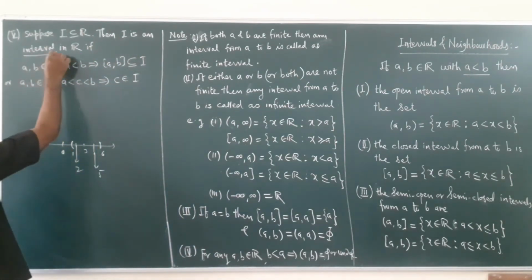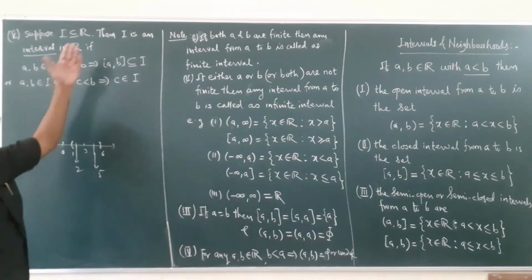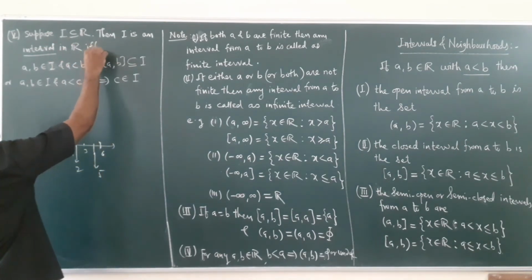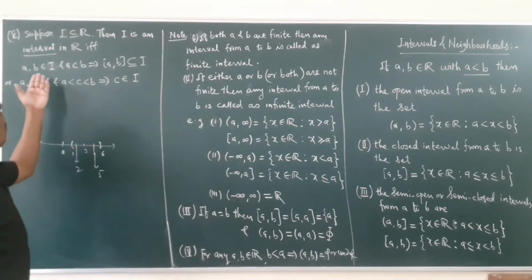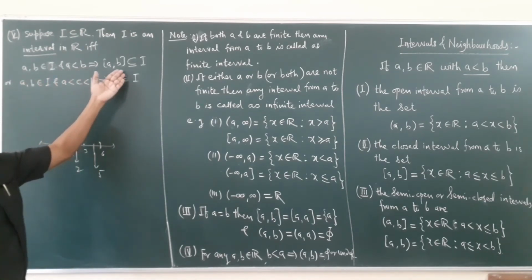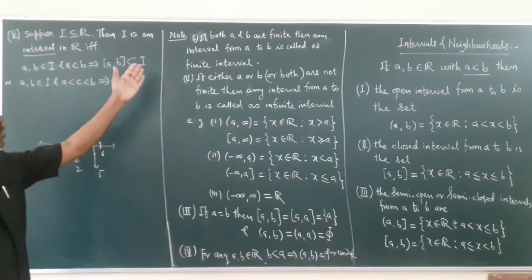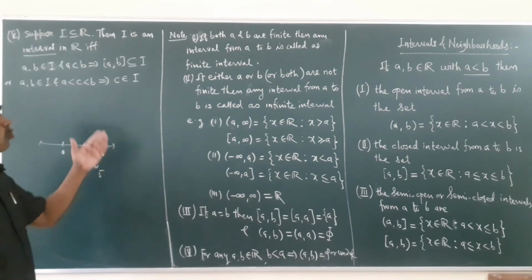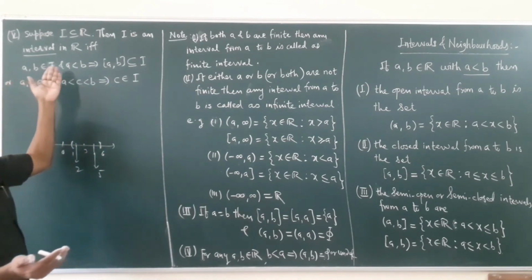So I is an interval, actually if and only if, but being a definition you may write it either way, it doesn't matter. If a, b belongs to I and a less than b, then the closed interval ab should lie in I, meaning the whole of the interval from a to b should lie in I. This is true for any a and b.